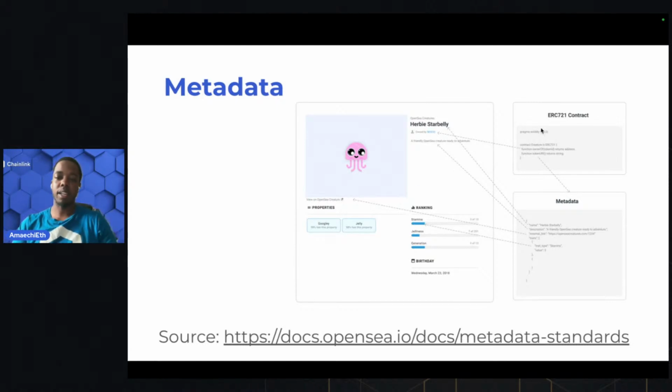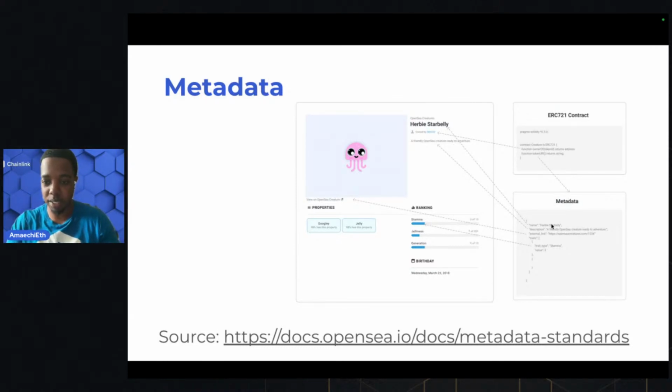Some of the data comes from the actual NFT smart contract, such as the owner of the token. But you'll also see here that the token URI, which is stored in the smart contract, links to this metadata, which is that off-chain data that we were talking about for the NFT.